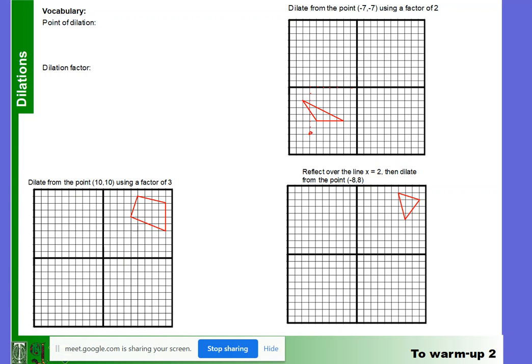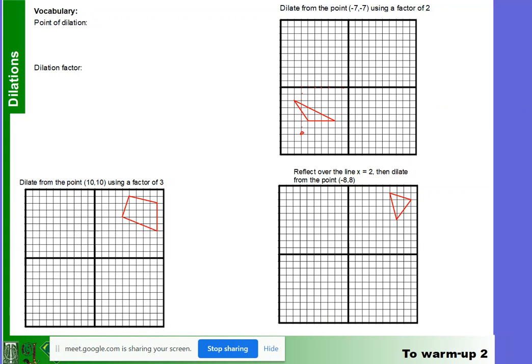So the easiest thing to do at this point is to take a ruler or a straight edge. And what I'm going to do is draw a straight line from my point of dilation through each one of the vertices of the triangle.